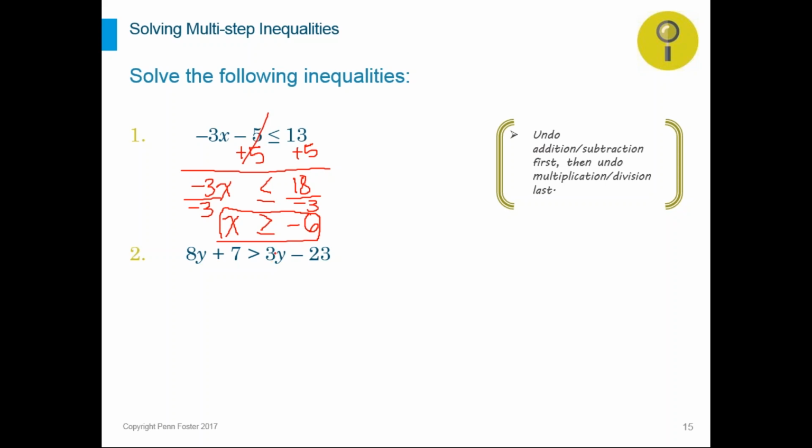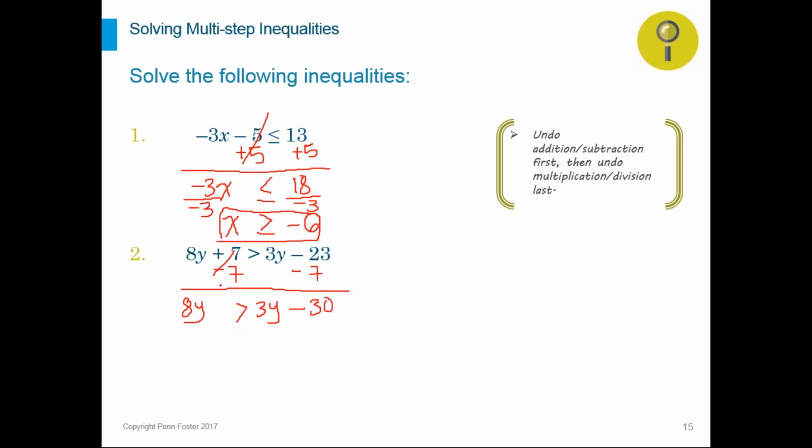Bring the variables together on the left-hand side, and bring the numbers together on the right-hand side. I'm going to do that by subtracting 7 from both sides. 8y will go down, that's a 0, greater than 3y, and then minus 30.